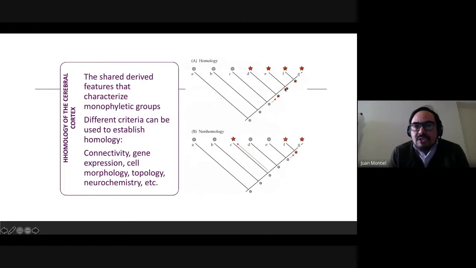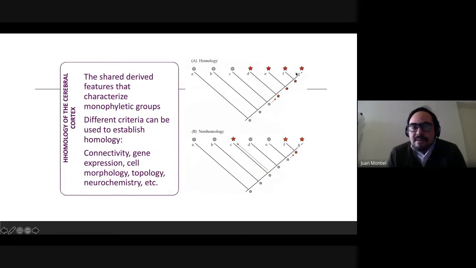In this cladogram, in this tree, we can see that the red star in F and G is shared, so we can say that these species F and G share the feature, so this is homologous, and it means that the hypothetical ancestor of these two species has the feature. The same happened with E and D in the first example. All of them exhibit the feature, so this feature is homologous.